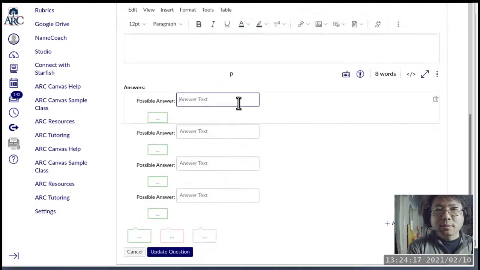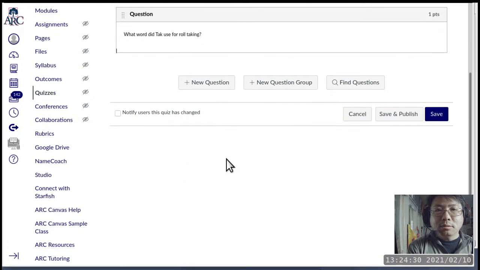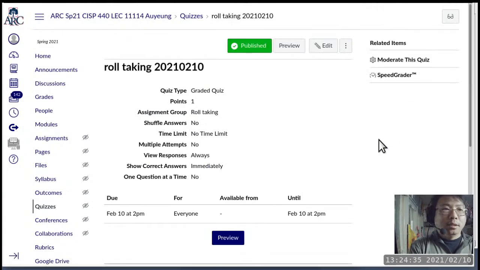And the word is sigma, S-I-G-M-A. And I'll take uppercase S, sigma, so both will be considered correct. Update question. And then save and publish. There we go. Alright, so if you refresh your browser, you should be able to indicate you're present using the roll taking activity for today, and the word is once again sigma, S-I-G-M-A.